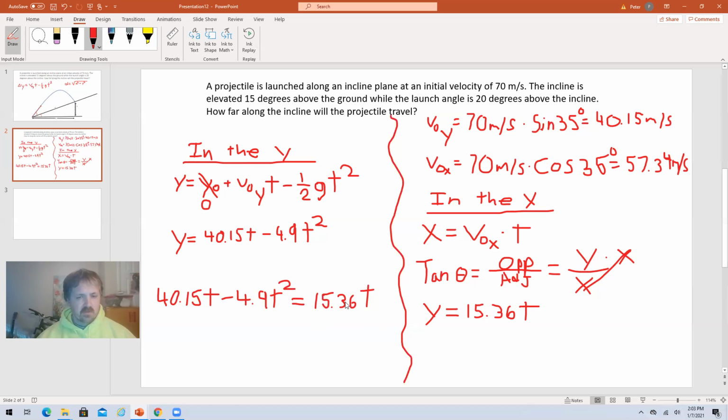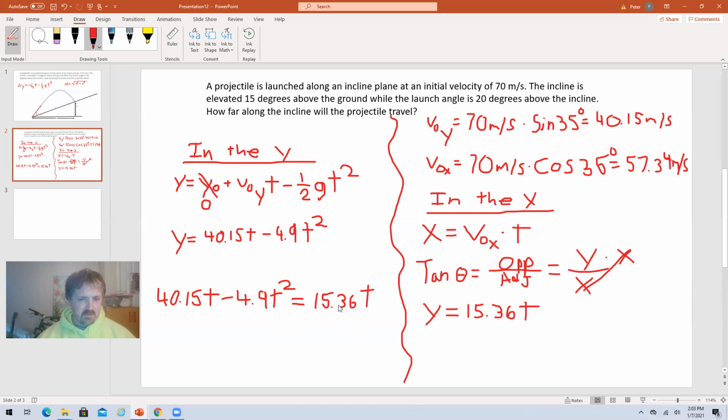The first thing I would probably want to do is move this to this side and move this to this side. These are like terms, 15.36 t and 40.15 t. So we can subtract this from this side, add this to this side, and then go from there.